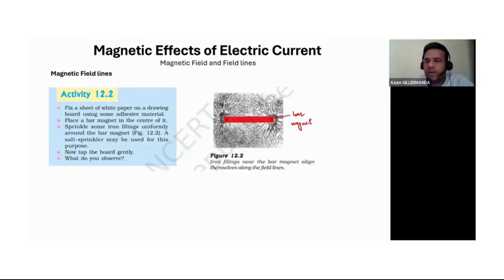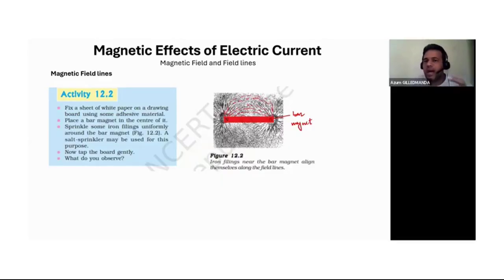Iron filings are small pieces of iron. If we sprinkle them onto that white sheet where the magnet is placed, they are attracted by the magnetic field and form a particular shape near the magnet, like this.